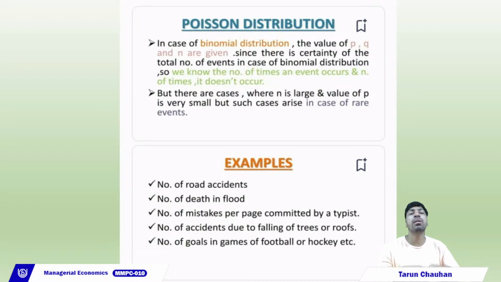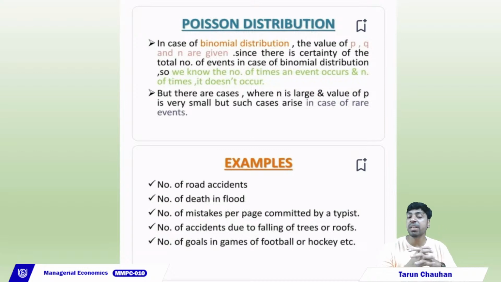We are talking about road accidents in a population, deaths in floods, that is, rare events, natural calamity events, accidents of students who jumped from a tree or from a roof. We don't know the rare events, anything could happen, so how will you calculate the probabilities in that scenario, and how will you evaluate road accidents in such cases?